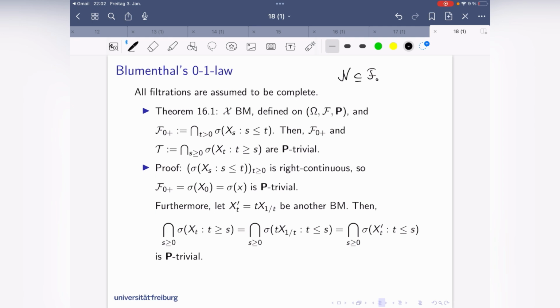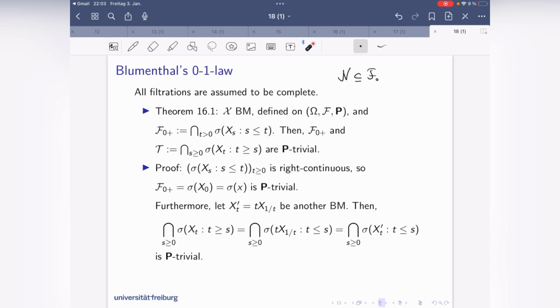First, we already saw the filtration generated by a Brownian motion. Brownian motion is continuous, so it's also right continuous. So this sigma algebra is also right continuous. And that means F0 plus, well, that's this intersection here. It's right continuous, so that's sigma of x0, but it's starting in x.